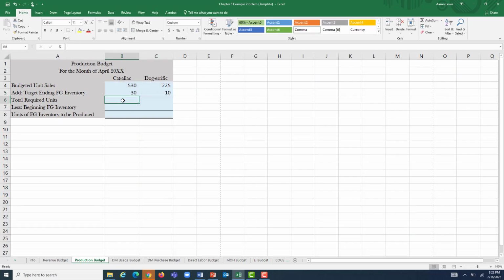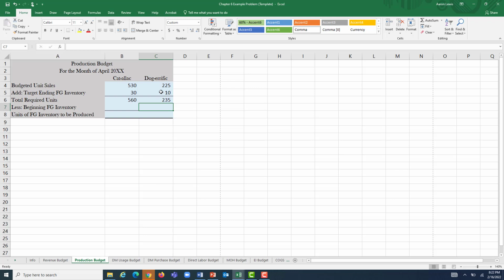So if we're going to sell 530 Cadillacs and we want to have 30 remaining at period's end that are finished and ready to go, we're going to need 560 in total. If we want to sell 225 Doggerifics and we need 10 of those at the end of the period that are finished and ready to go, we're going to need a total of 235 Doggerifics.